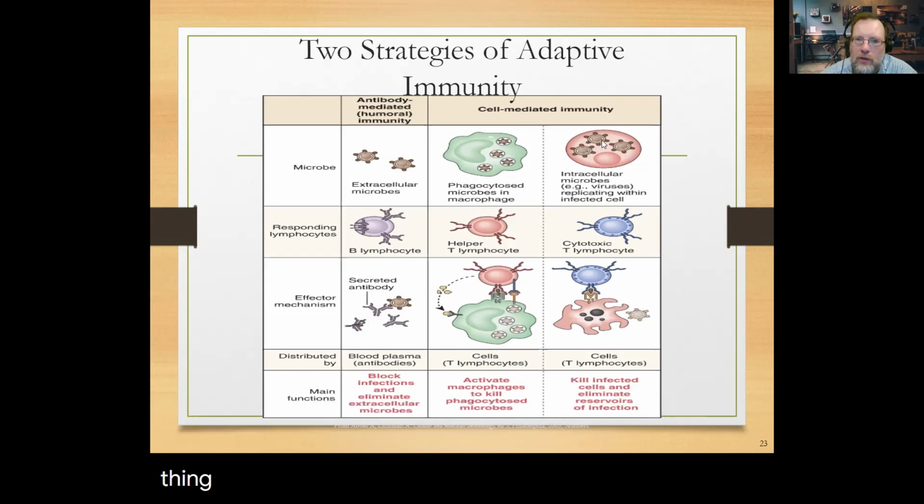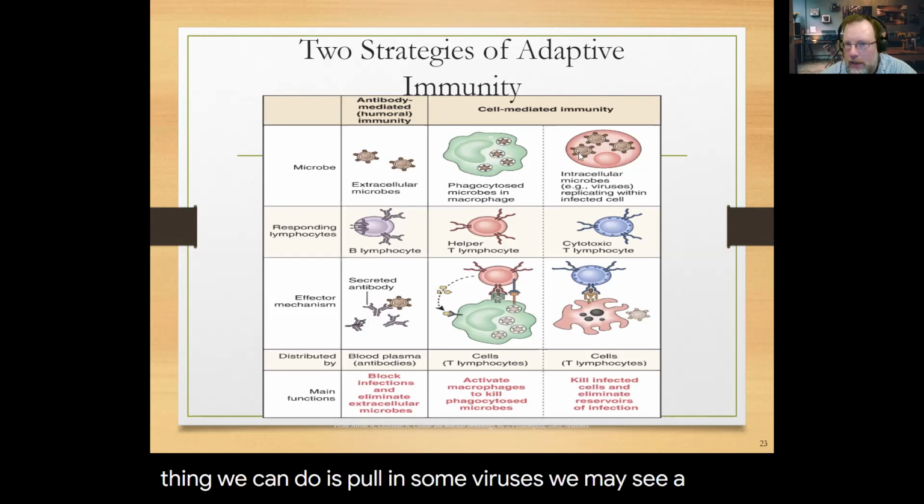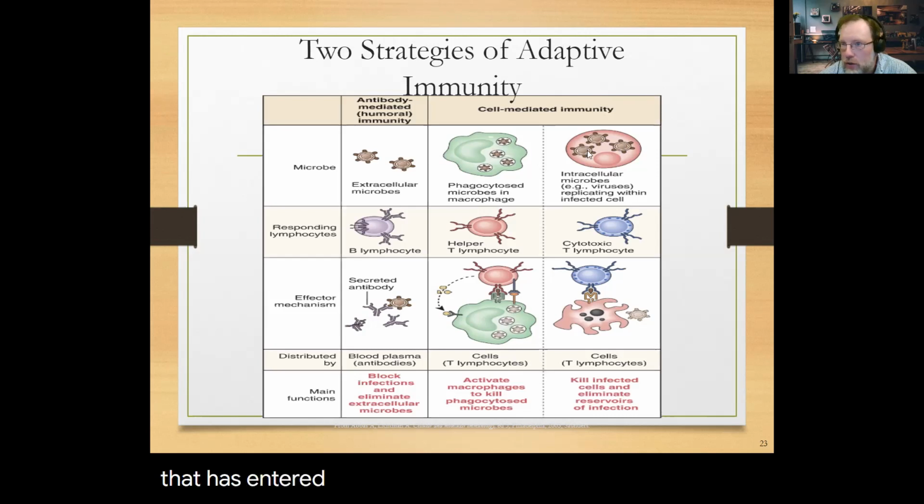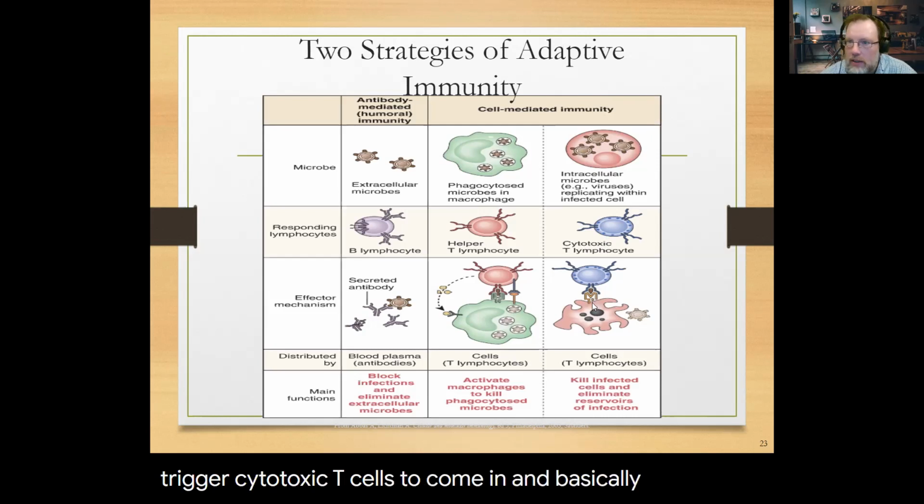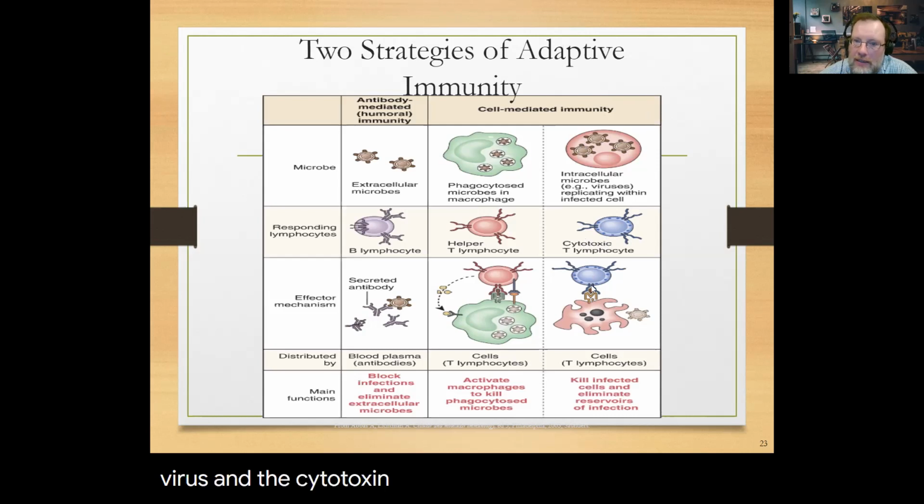The other thing we can do is pull in some viruses. We may see a virus that has entered into the cytoplasm of a cell, which will trigger cytotoxic T cells to come in and basically poison the cell. So this is a self cell that has been infected by a virus, and the cytotoxic cells come in and destroy our self cells.